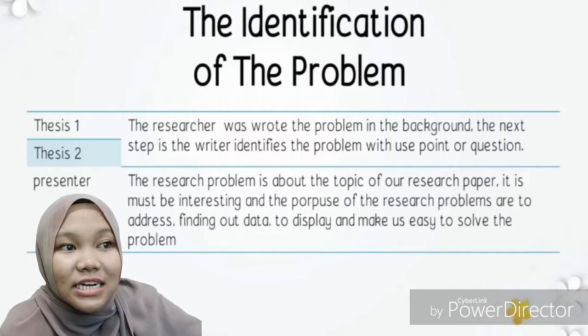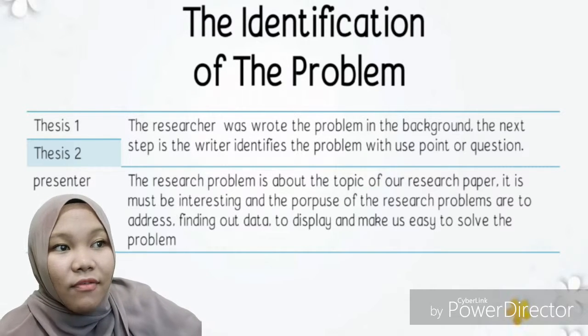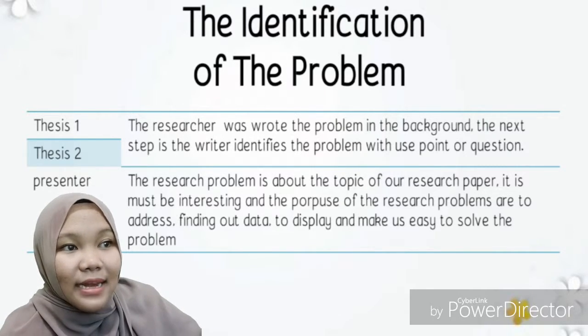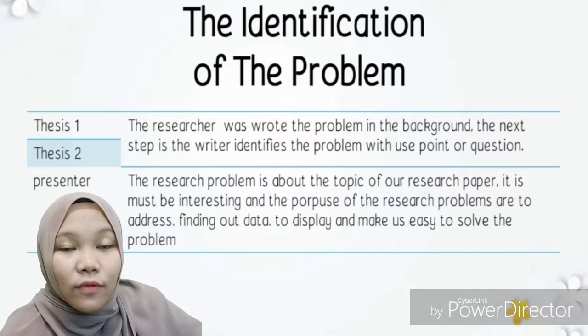It must be interesting, and the purposes of the research problem are to address, find out data to display, and make it easy for us to solve the problem. In the thesis, the writer made the identification of the problem like a point, and also made the point like a question. So the reader can know what the problem from the thesis is and how to solve it.